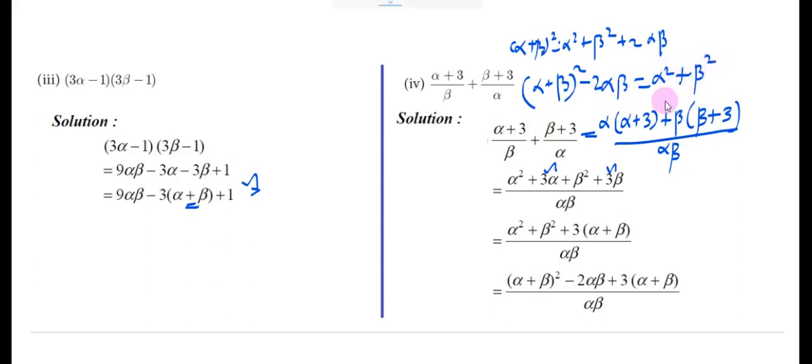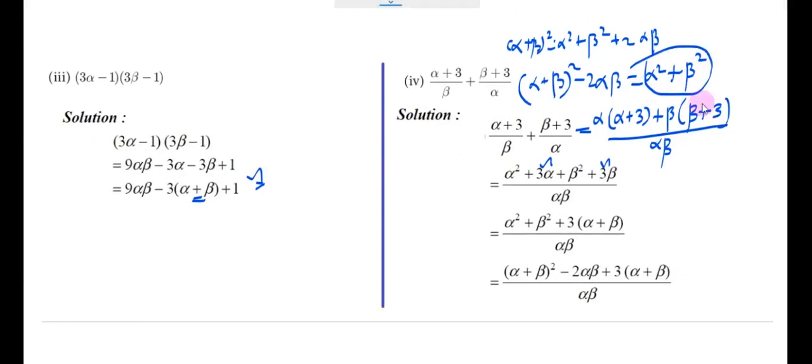So that instead of alpha square plus beta square, we will apply alpha plus beta the whole square minus 2 alpha beta. So that we have applied here. Instead of this, we have written here alpha plus beta the whole square minus 2 alpha beta. Now the remaining term 3 into alpha plus beta whole divided by alpha beta. Understood?